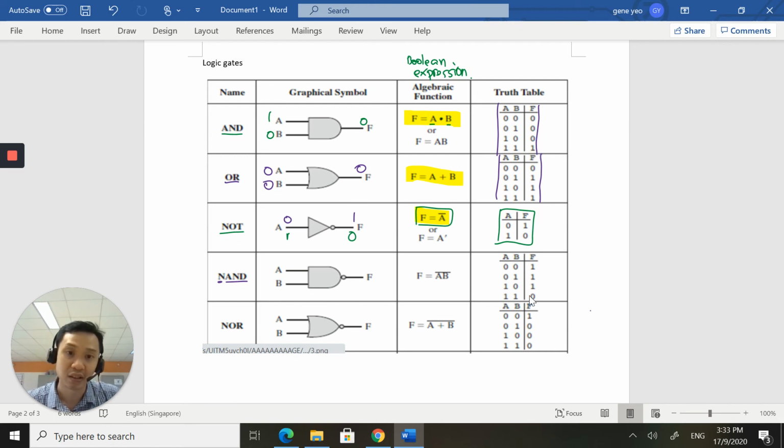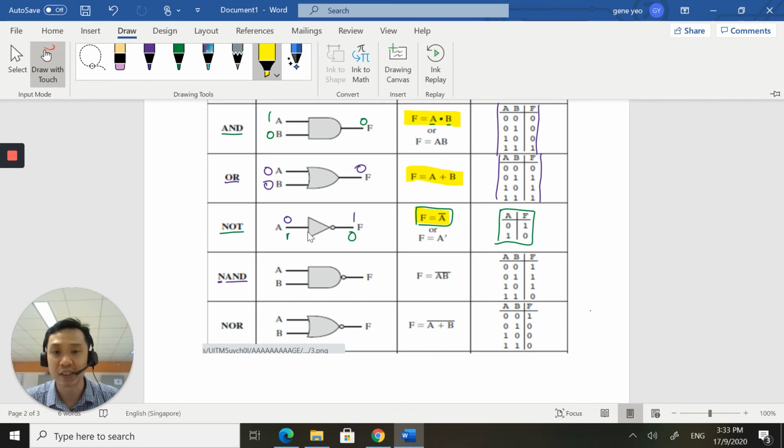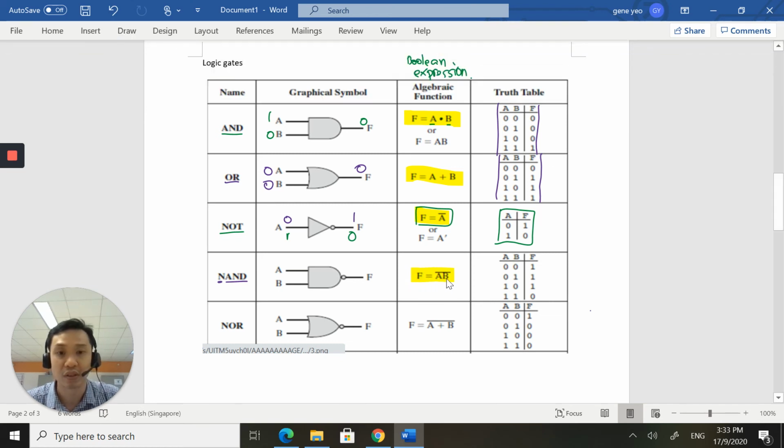NAND gives a 0. So it's the direct opposite. So if you have been following and understanding the symbols, F equals A and B, and the bar across means not. Okay, so this is the Boolean expression for NAND.